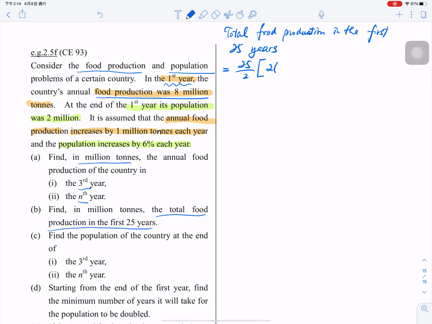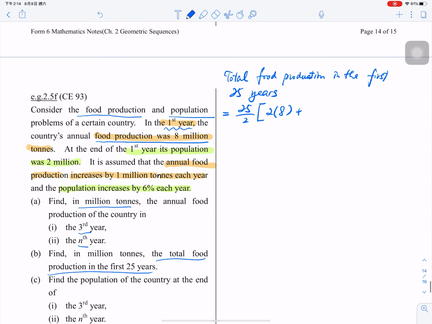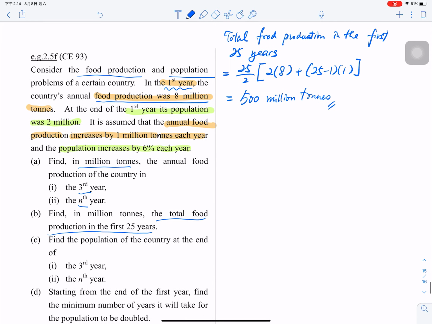Remember, 2 times first term, 8, and then n minus 1 times common difference, 1. So at the end, this one not difficult, 500 million tons is the total fruit production in the first 25 years.